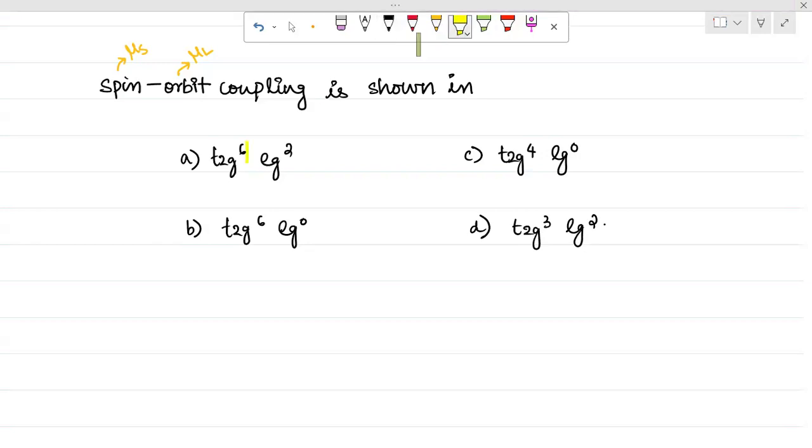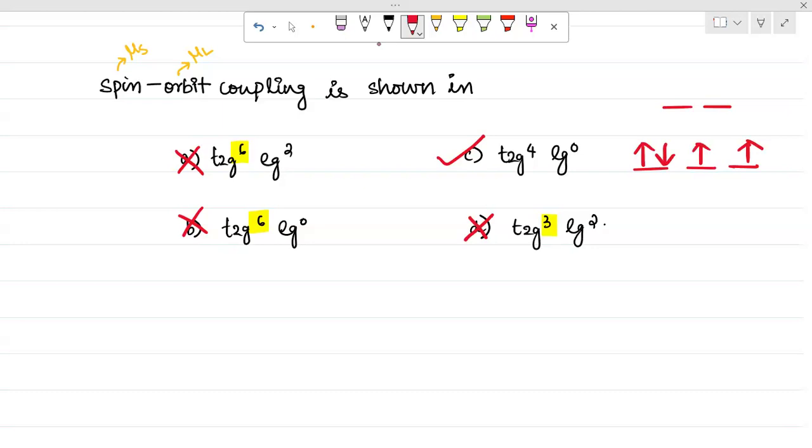Here t2g is fully filled, here also t2g is fully filled, and here t2g is exactly half filled. So it's not A, B or D, instead it is C, because you have 4 electrons in t2g and there is some sort of unsymmetrical electron distribution that leads to orbital magnetic moment as well.